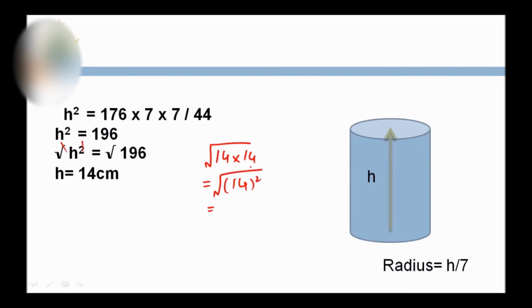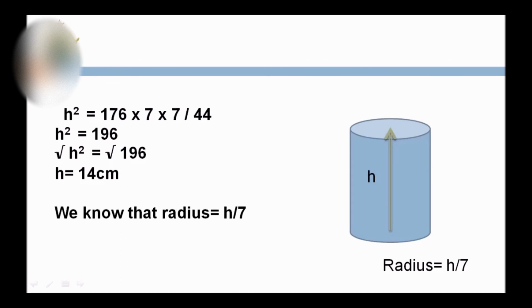And this square will cancel with square root, and we get 14 centimeter, which is height of the right circular cylinder.